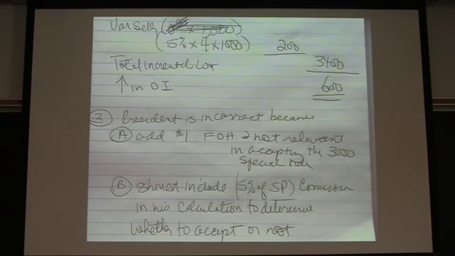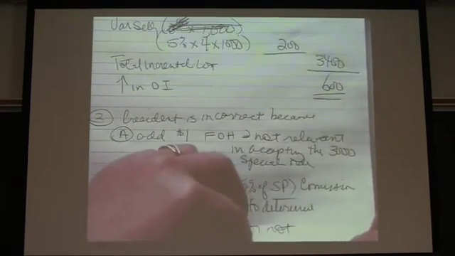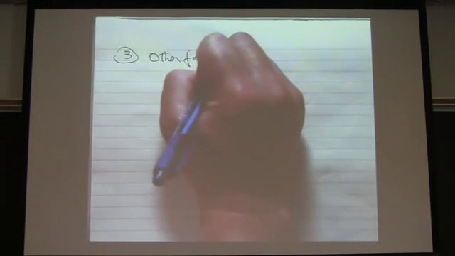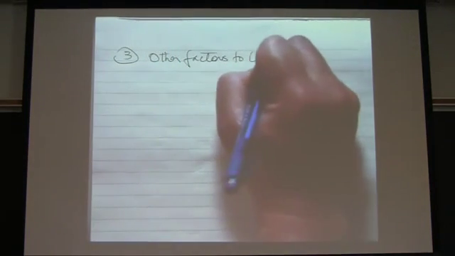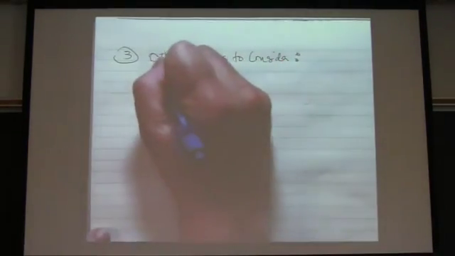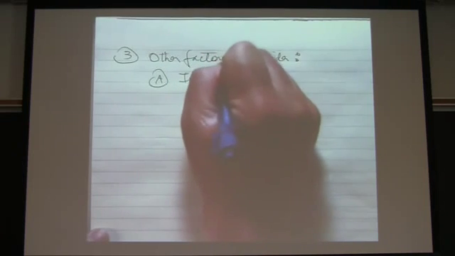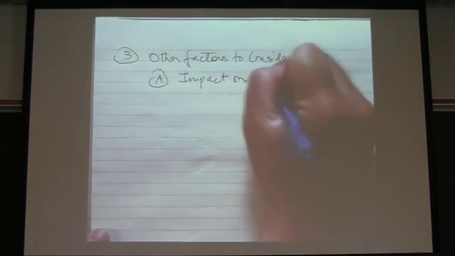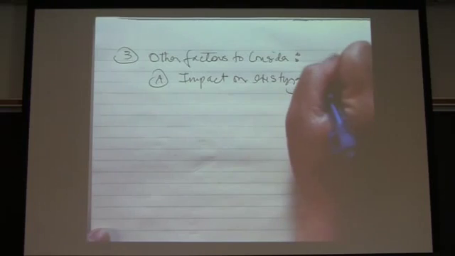And the third question says, what other factors should the president consider before accepting or rejecting the special order? The other factors to consider, A, is the impact on existing customers.